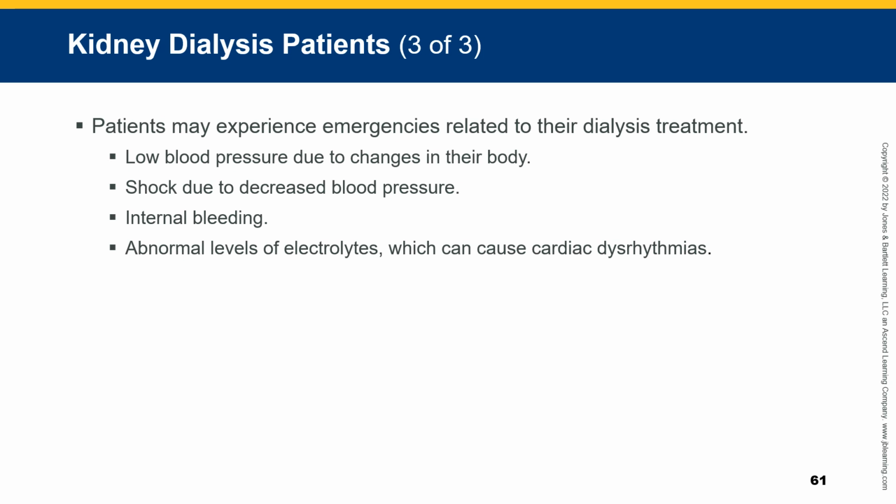Dialysis patients are also at risk for internal bleeding. Hemodialysis patients may also experience abnormal levels of electrolytes in their blood, and these imbalances can cause cardiac arrhythmias or dysrhythmias that sometimes can result in cardiac arrest. So you need to treat the symptoms that are presented to you by the patient.